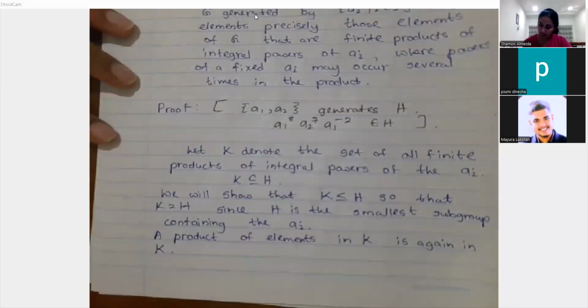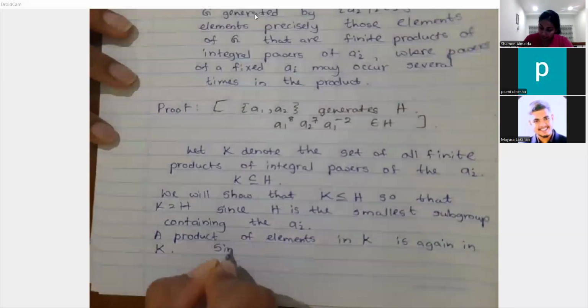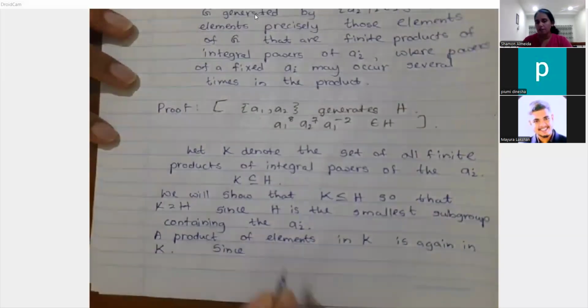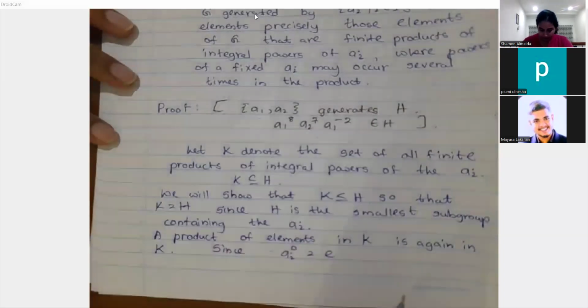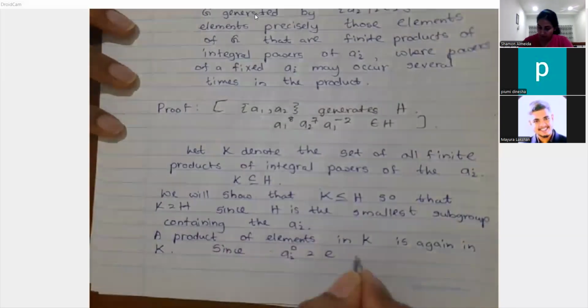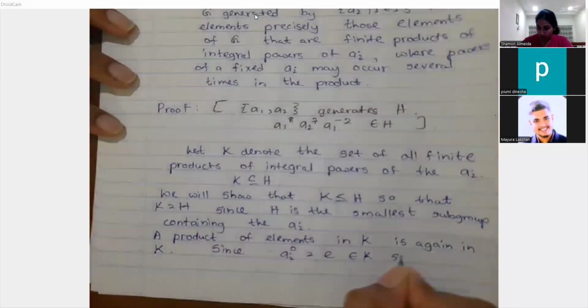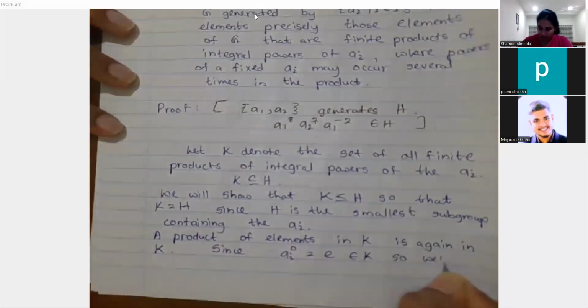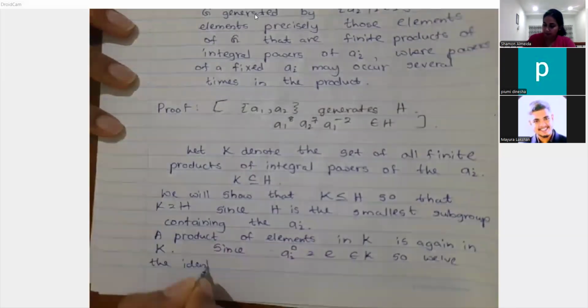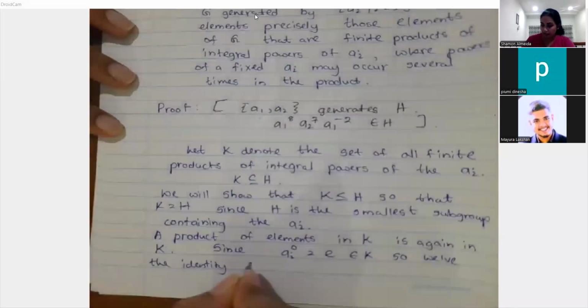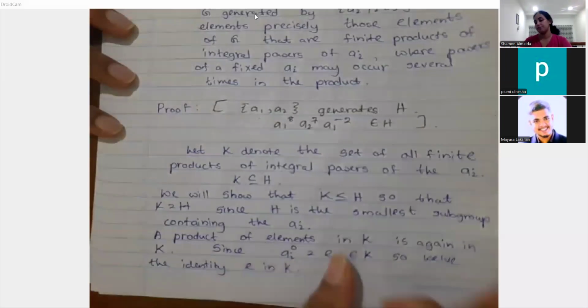Then to show that the identity is in there, for any a_i you take its zeroth power, you get the identity, right? So we have the identity e in K.